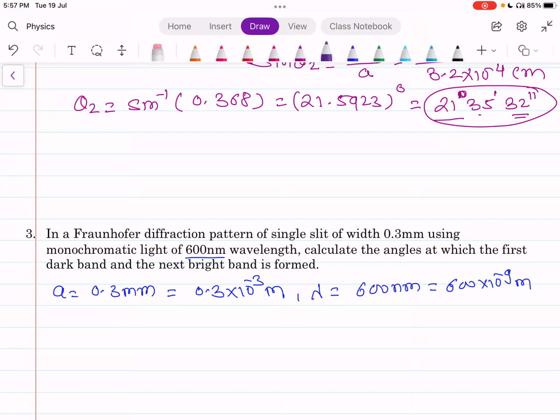Calculate the angles at which the first dark band and the next bright band are formed.